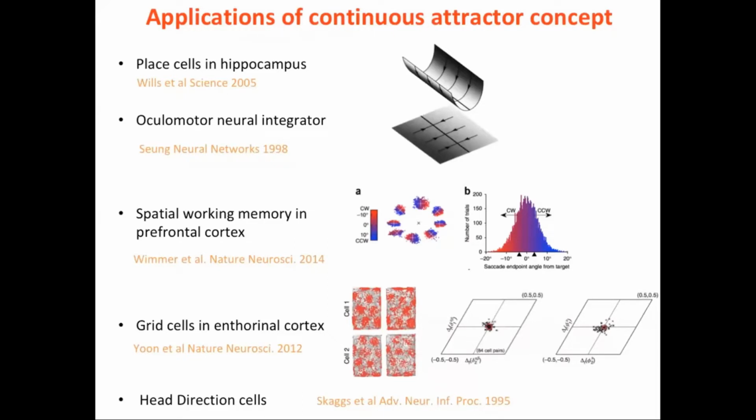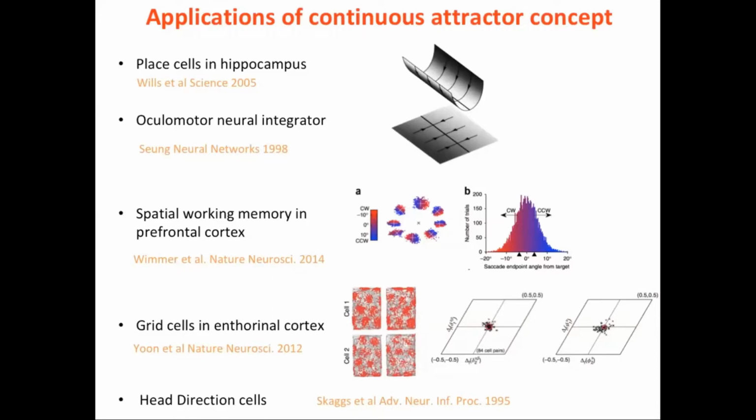Also, in the context of spatial working memory in prefrontal cortex, for grid cells in the entorhinal cortex, another brain area compared to the hippocampus, where you also see the activity of cells that depend very much on the position of the animal. Also for head direction cells, which is maybe the neatest application of the ring attractor concept put forward by Amari, where the activity of cells codes for the angle of the head of the animal with respect to its body.